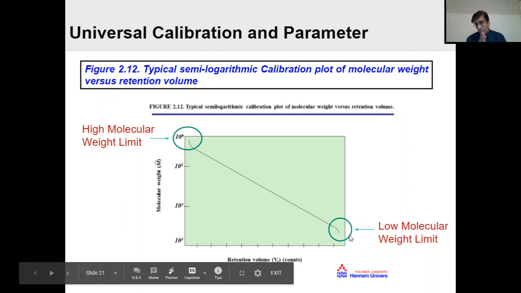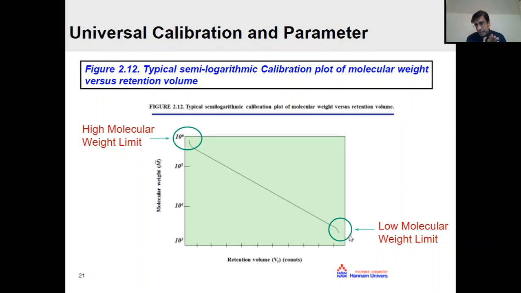You must know why you have this upturn and lower turn, and why the results are not reliable at that place, and you should be able to explain this. This is probably the answer for the last question in the assignment. You should concentrate on this slide and the explanation which I mentioned to you, and this will help you in writing the answer for the last question.